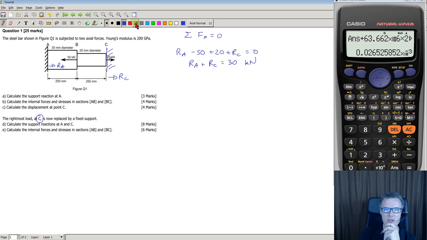The next thing to try is to do the same game as we did before. Let's take cuts through the body here. So we're going to take a cut through here, and when we do that, we have an internal force. We'll go the same direction as before, although there's no reason to go right to left this time because I've got two unknowns either end.